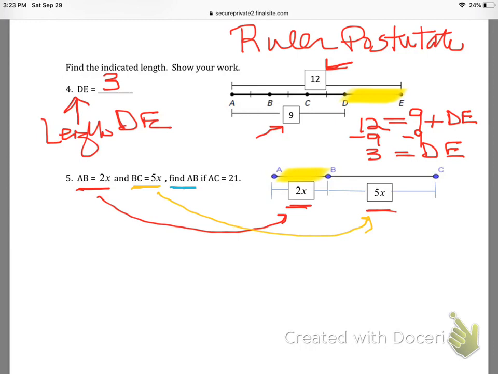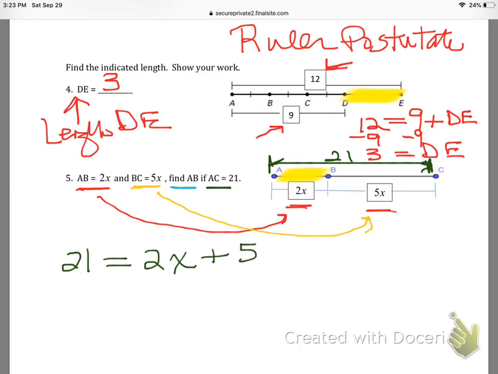They want us to find that given that AC, which is the entire length from here to here, is 21. So the ruler postulate tells me that the entire length is the sum of the parts, and the parts are 2x plus 5x.